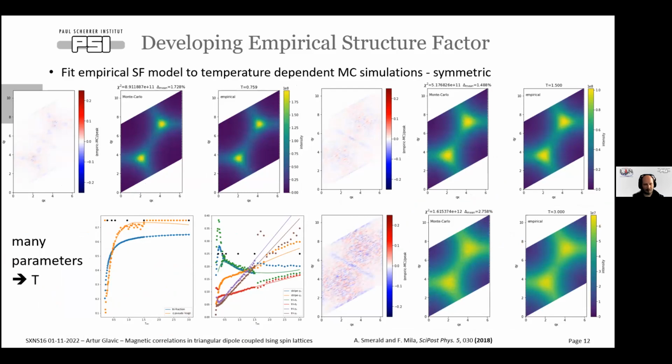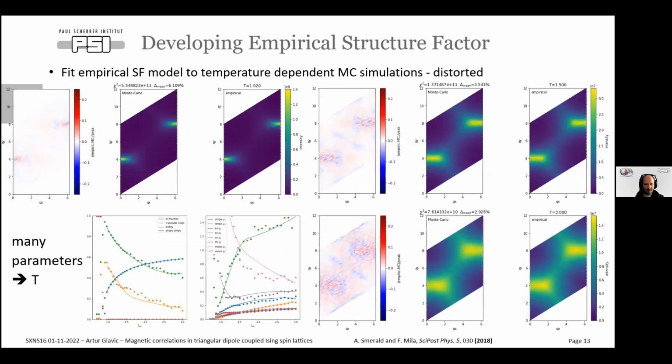Then we made up a model with more smooth parameter variation that was globally fit to everything, as you can see here, the continuous lines. And then we compared the Monte Carlo model with the analytic structure factor. As you can see, the differences at different temperatures are very low, in the order of a few percent.